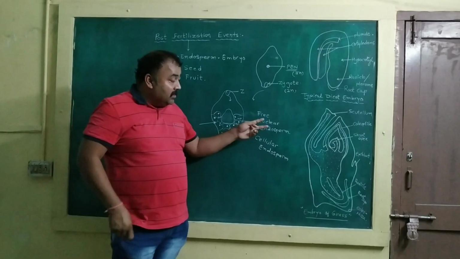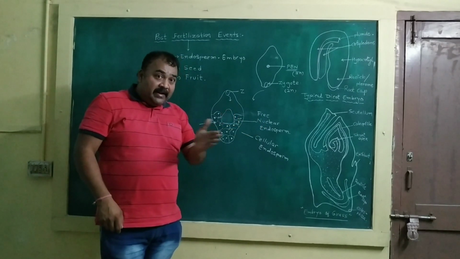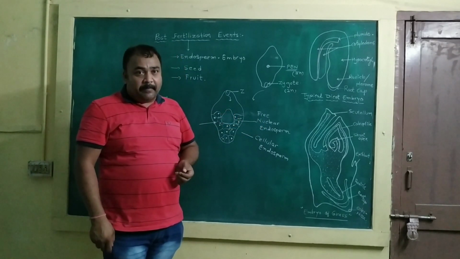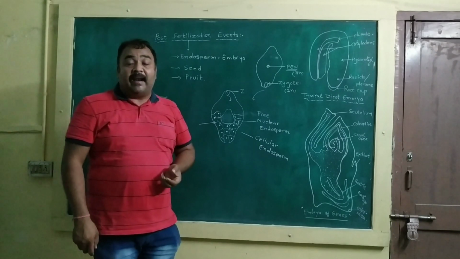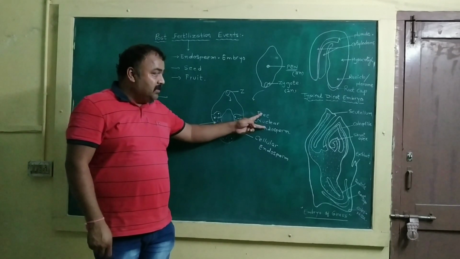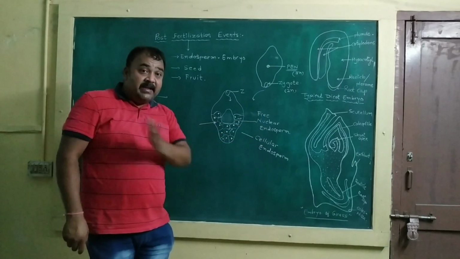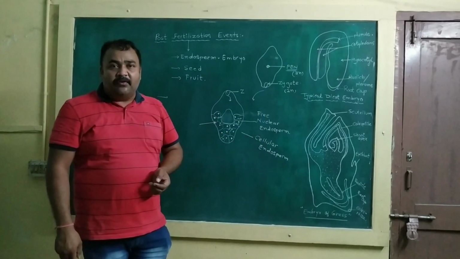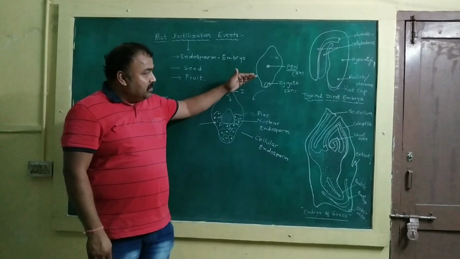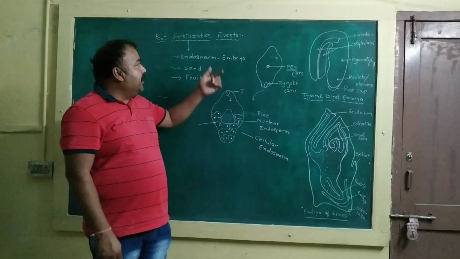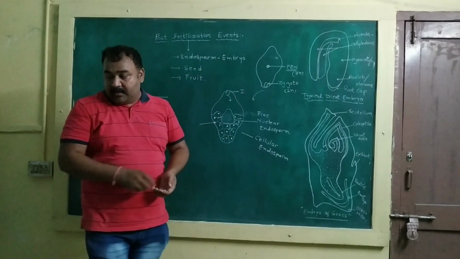As the amount of coconut water decreases in the coconut, the thickness of the kernel increases. That means the free nuclear endosperm of coconut is being converted into cellular endosperm. So this was all about the development of endosperm.